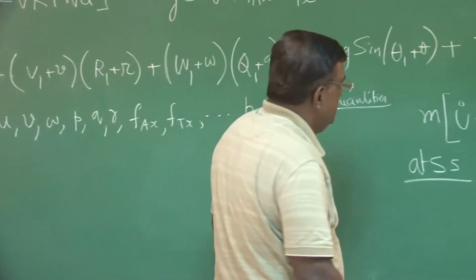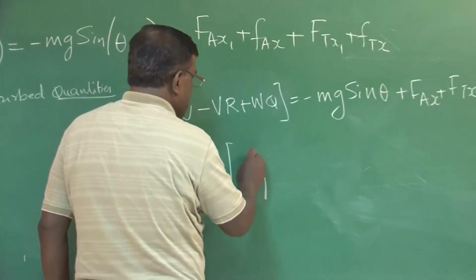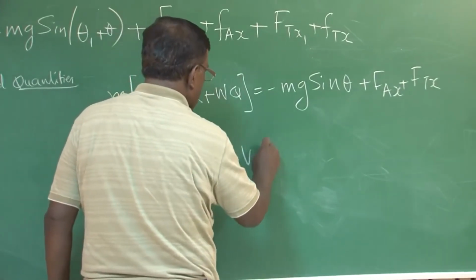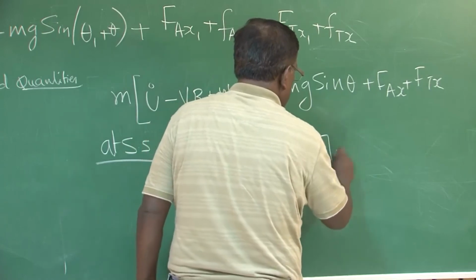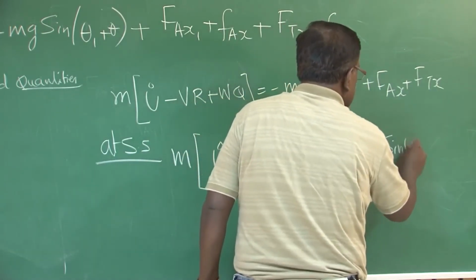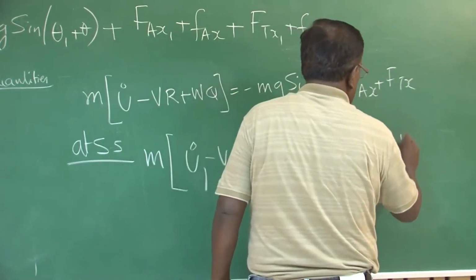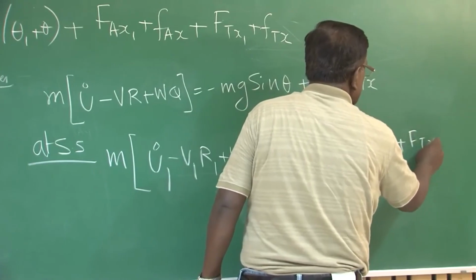At steady state, using our notation, I can write m(u1 dot minus v1 r1 plus w1 q1) will be equal to minus mg sine theta 1 plus Fax1 plus Ftx1.